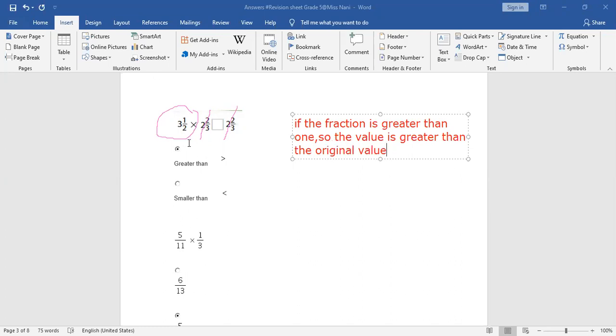So if I use this 3.5, is 3.5 greater than 1 or smaller? Greater than 1. So the whole value is greater than the 2 and 2/3 that I started with first.